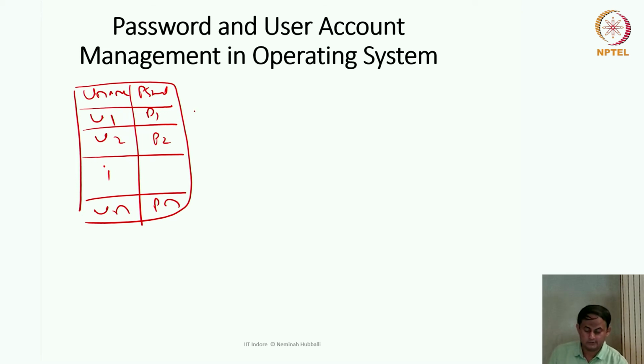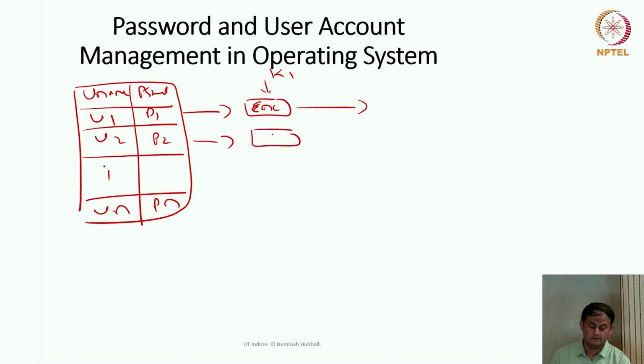So in that scenario, I still do the encryption, but the username and the corresponding password of user 1 are encrypted with the key k1, and similarly the second username might be encrypted with the key k2, and so forth. The nth username and the corresponding password are encrypted with the nth key.